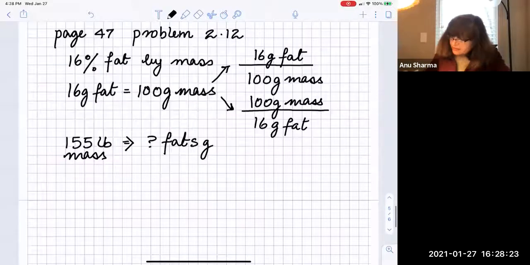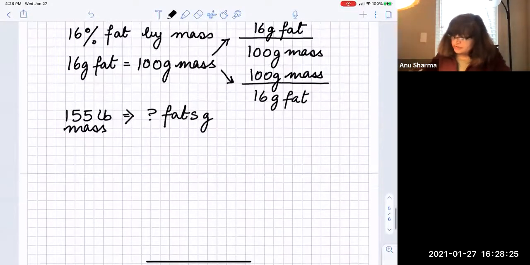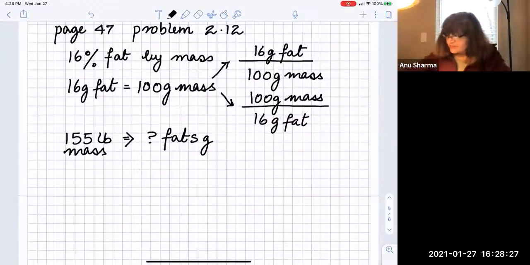Here's the good part about percentages: they are kind of flexible. If you use grams of fat, it will be grams of mass. If you use kilograms of fat, it will be kilograms of mass. If it is pounds of fat, it would be pounds of mass. So you're flexible with that.